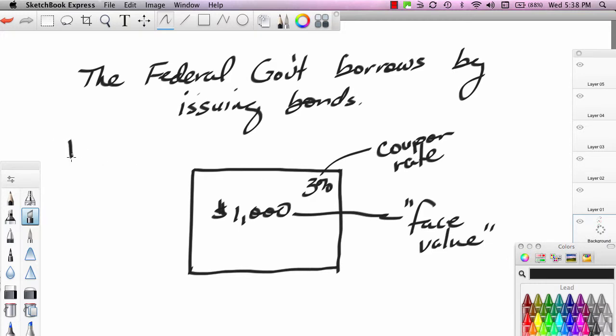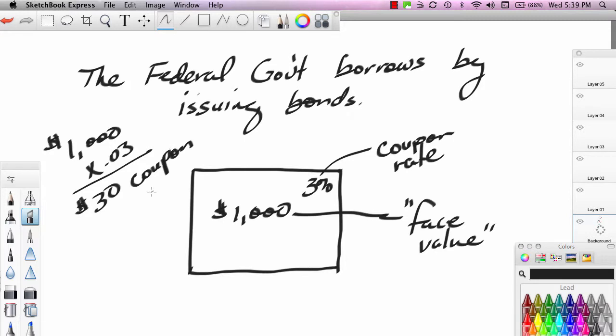So that bond is going to pay 1,000 times 3%. That bond is going to pay interest, or what's called the coupon, a dollar coupon of $30 annually.